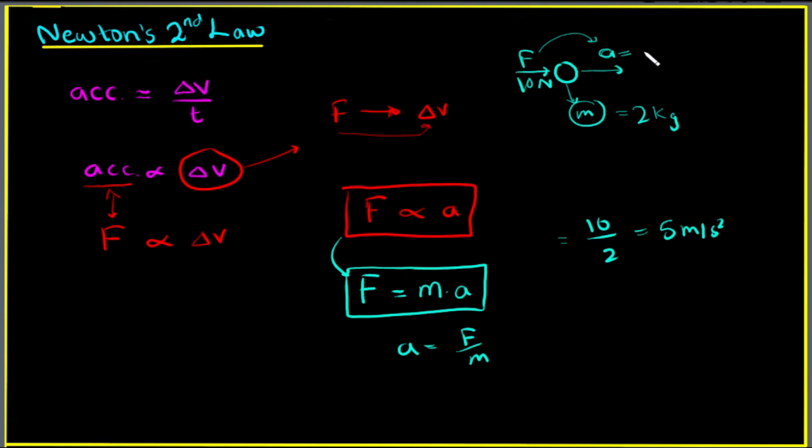If you're able to calculate the acceleration and you're given the mass, you can simply take the product of them and you get the amount of net external force that was provided to it. Or in some cases, if you already know the amount of net external force that was provided to something, and you are able to calculate the acceleration of that thing, you can easily calculate the mass of that thing. So if you're given any two values out of these three things, you can calculate the third thing pretty simply using Newton's second law.